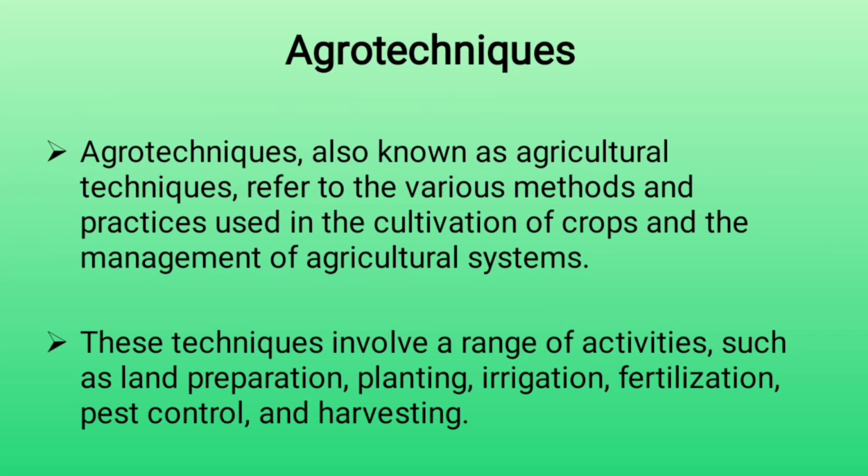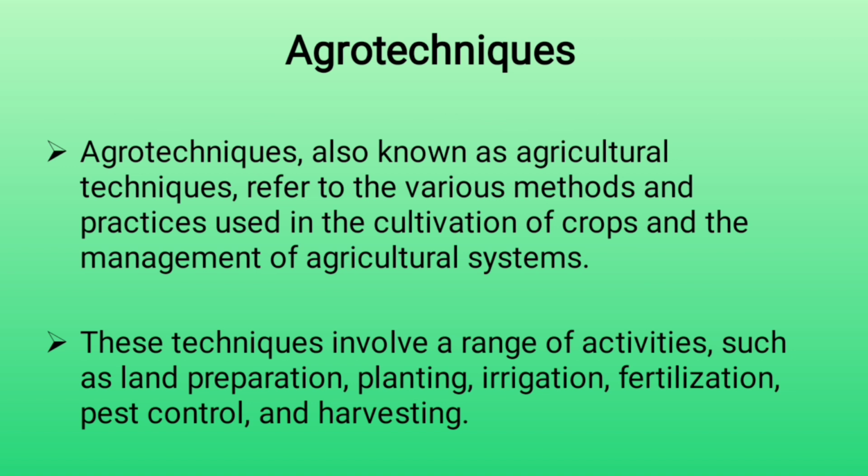Here, what are the agro-techniques? Agro-techniques, also known as agricultural techniques, refer to various methods and practices used in the cultivation of crops, especially medicinal plants, and the management of the agricultural system. These are the techniques applied for cultivation of medicinal plants either in the form of botanical gardens, farmhouses, agricultural lands, and other areas.